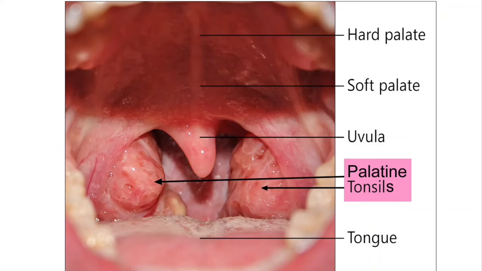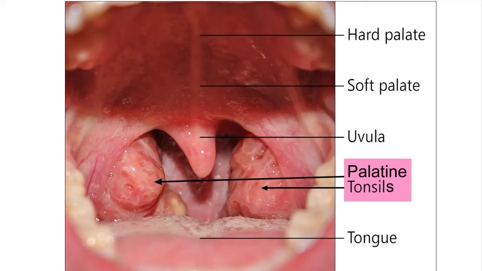One of the lymphoid tissues that you can see is the palatine tonsil. These are collections of lymphoid follicles on both sides of the isthmus of the mouth, the point of entry of food from the mouth into the pharynx.